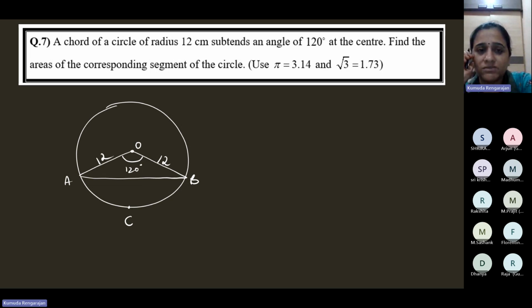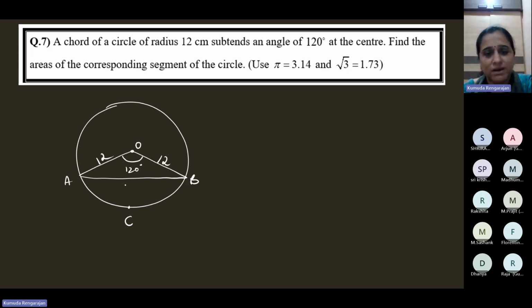If the arc subtends an angle greater than 180 degrees at the center, then that arc is a major arc. So ACB clearly is a minor arc because it subtends 120 degrees at the center, which is less than 180. So the corresponding sector formed is a minor sector.